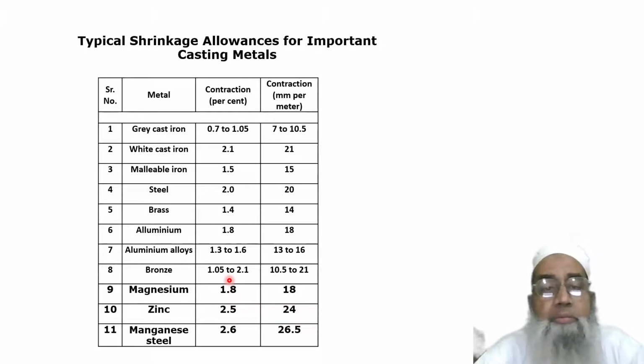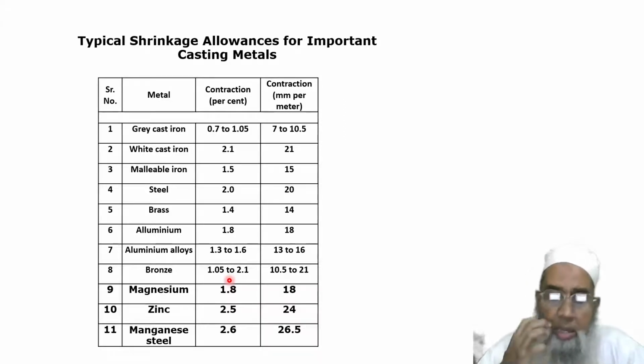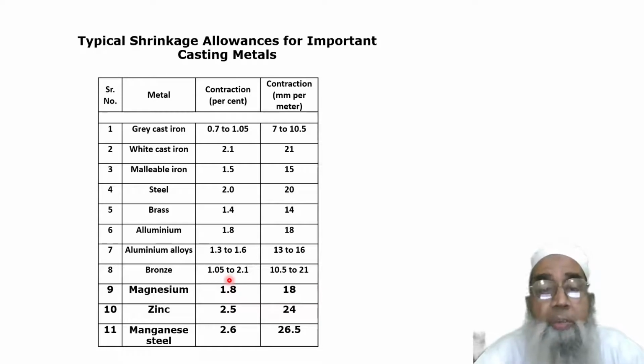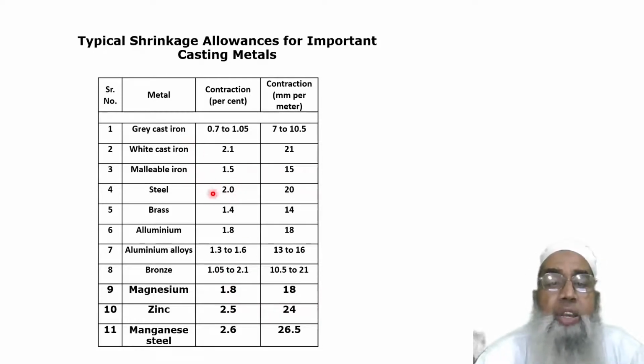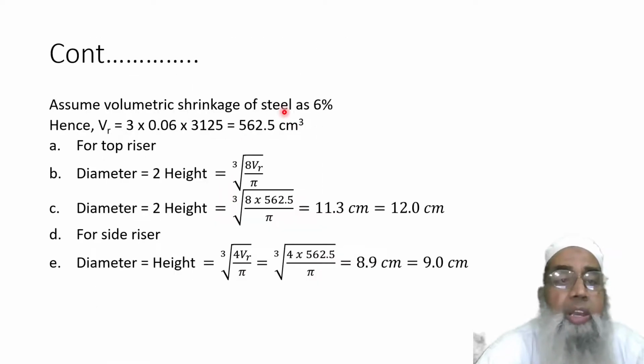Now, as we know, for steel, this is the linear shrinkage allowance, and therefore we can have the volumetric shrinkage. It will be 2 multiplied by 3, which is equal to 6. Moreover, solidification in the riser will also take place. This much amount is required by the mold cavity during shrinkage, and therefore we should take thrice of it so that it has sufficient material, because solidification in the riser will also take place.